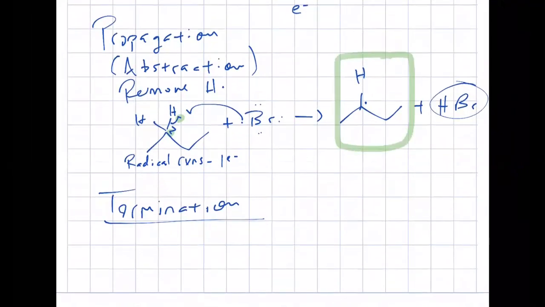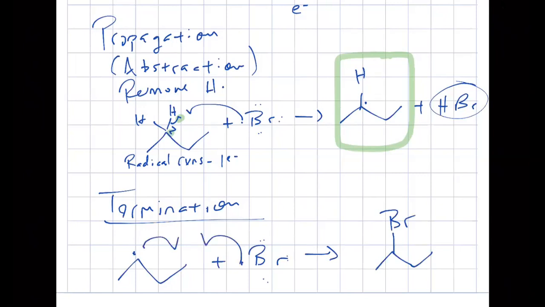That's where the substitution part happens. And the way you do that is to put this electron here and this one here. Again, I'm using half arrows.